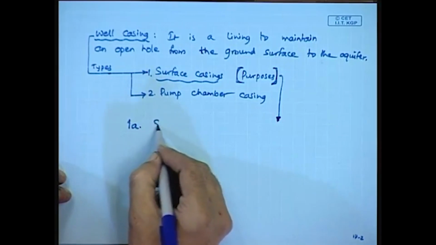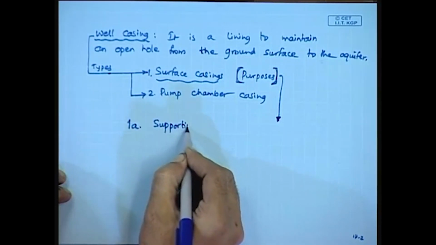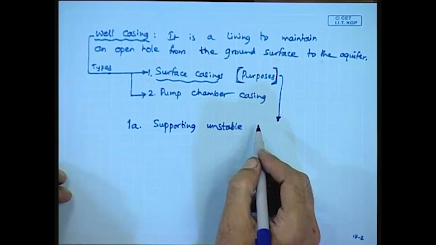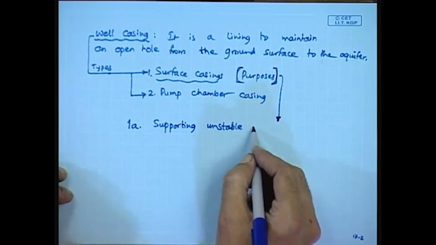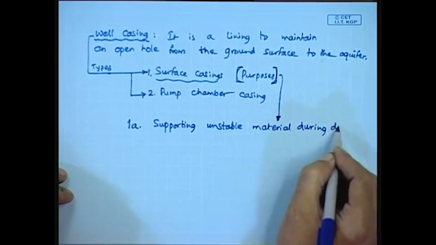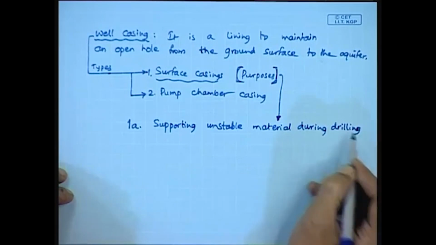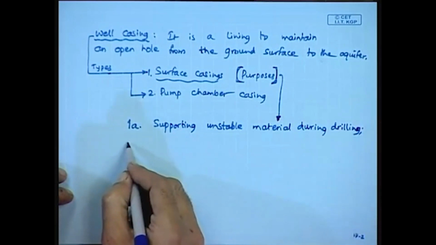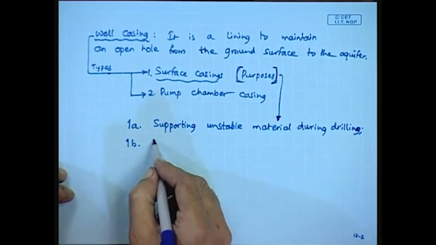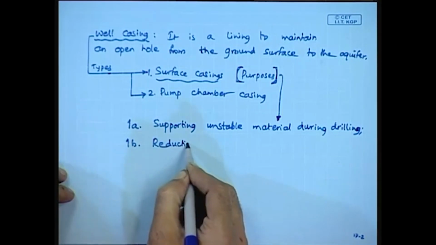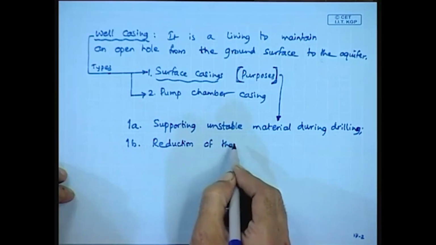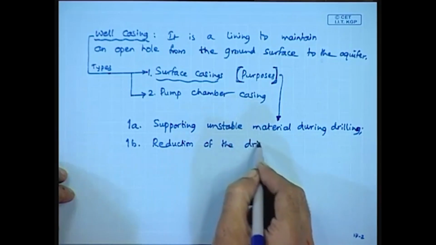So this is supporting unstable material during drilling, that is, during well drilling. And the next purpose is reduction of the drilling fluid loss.